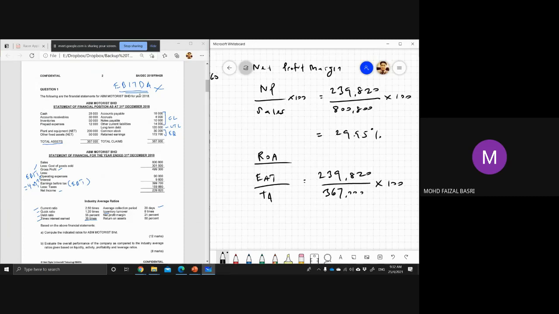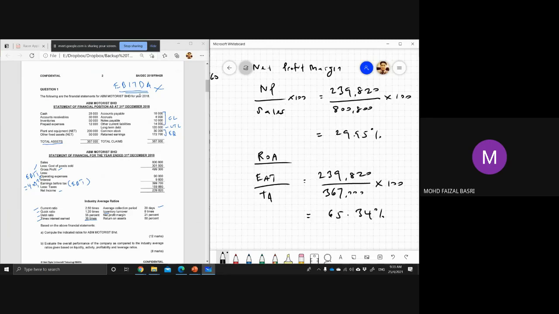Okay, multiply with 100. So it's around 65.34%.